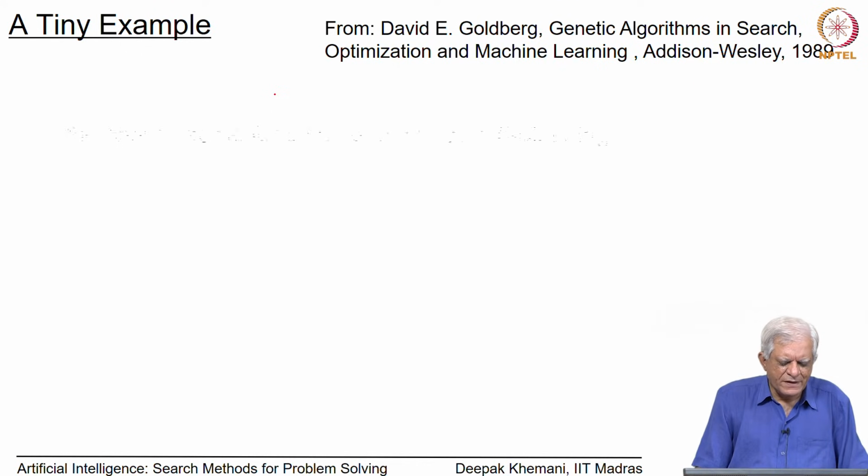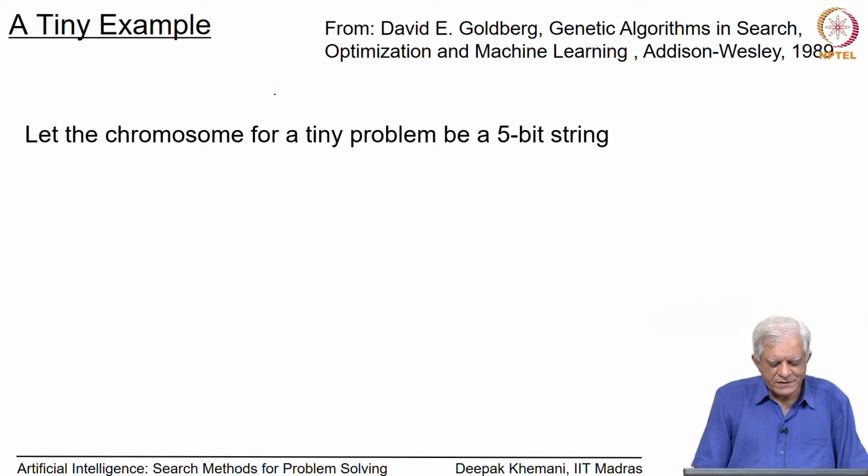So, let us assume that we have a chromosome for a tiny problem, and let the chromosome be a 5-bit string. Remember that the chromosome is essentially the encoding of a candidate, and it is the chromosome which participates in the mixing up of genes. Remember the difference between genotype and phenotype that we had discussed.